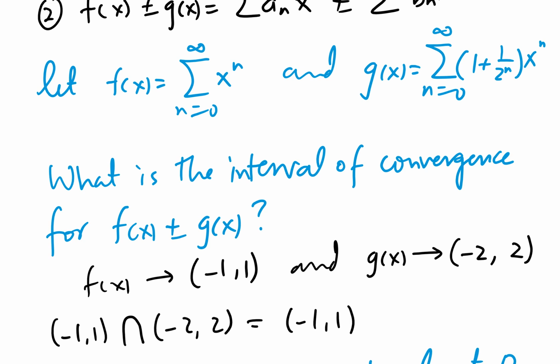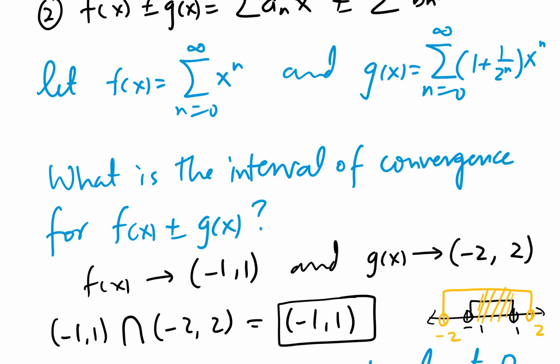If you put that on the number line, the first one goes from -1 to 1, and the other one goes from -2 to 2. So they intersect at -1 to 1. So that would be the interval of convergence for both the sum and the difference.